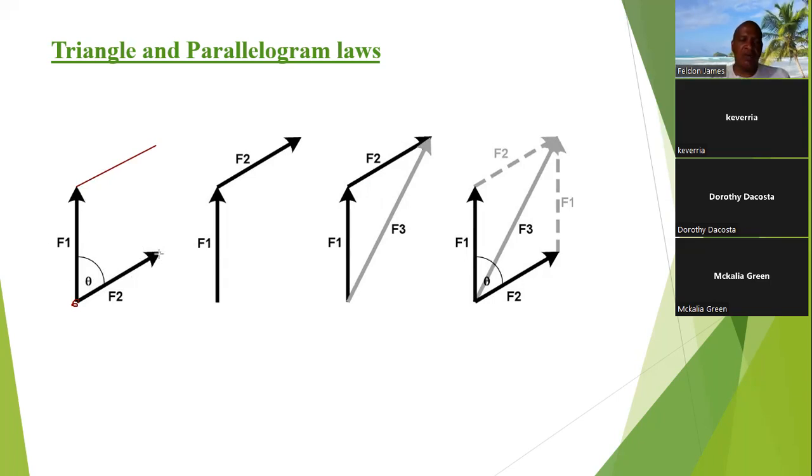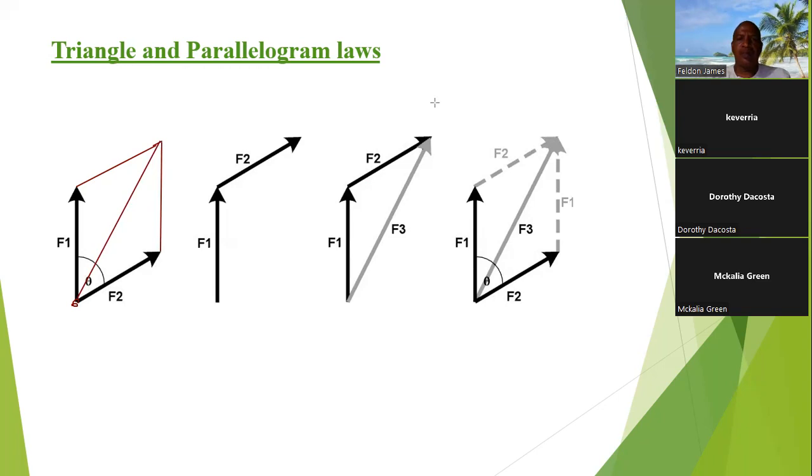And to this vector, we will draw another line from here to here, which is parallel to that. And then the resultant, you would draw from here, going straight through to the point where those two lines meet.